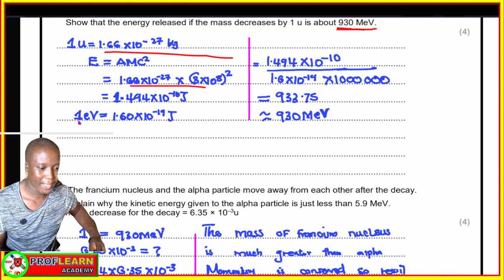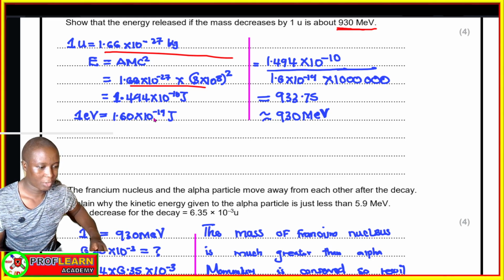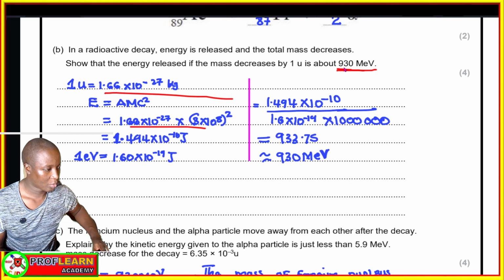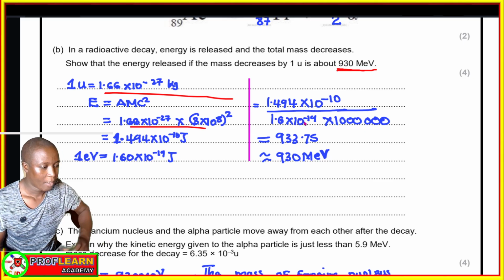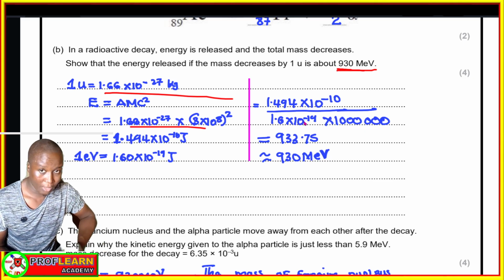But we know 1 eV is 1.6 times 10 to the power negative 19 joules. For you to convert it to mega electron volts, you divide by 1.6 times 10 to the power negative 19 times 1 million, because we are converting to mega.